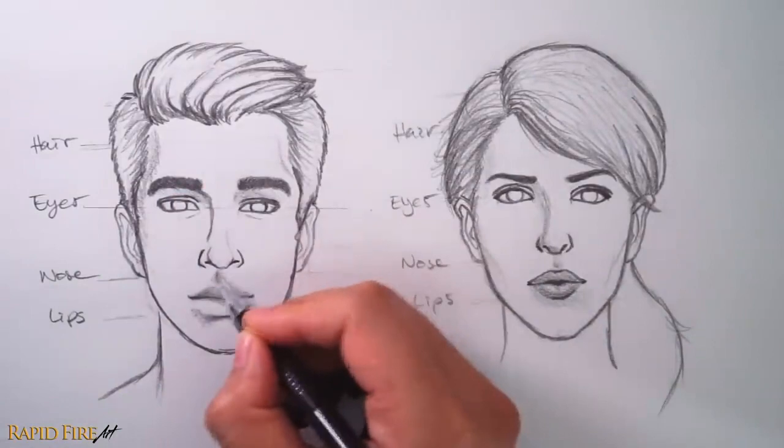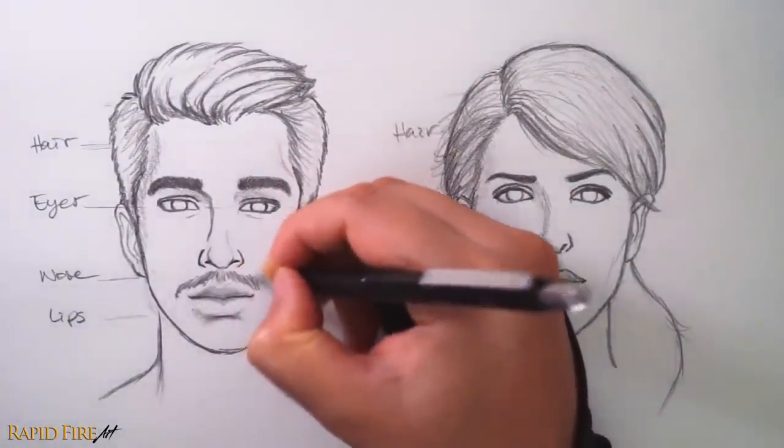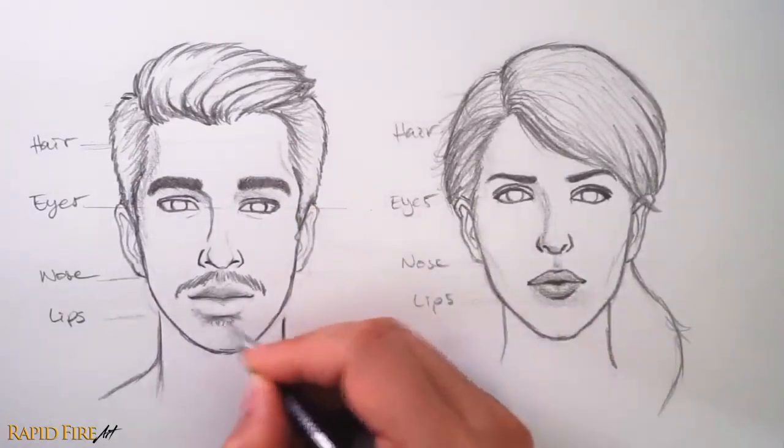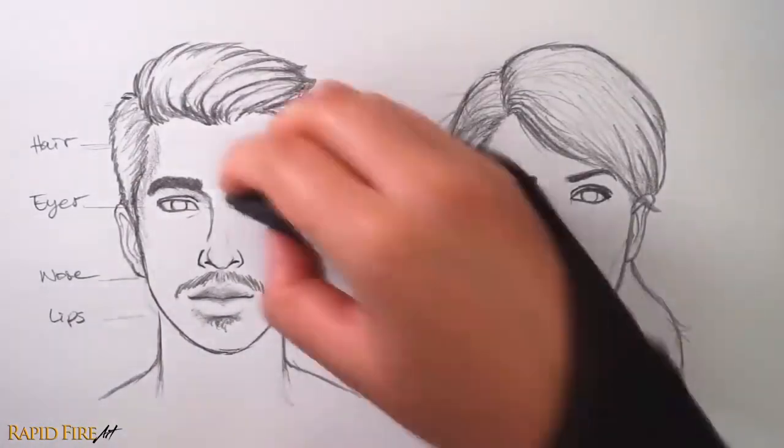Let's give him some facial hair so he looks a little bit older. We can actually make him look more innocent by making his eyes wider, showing more of that iris.